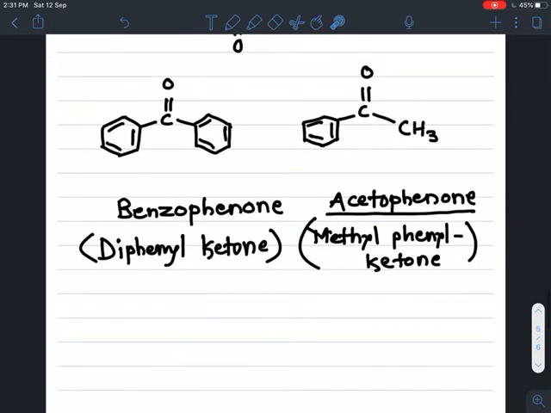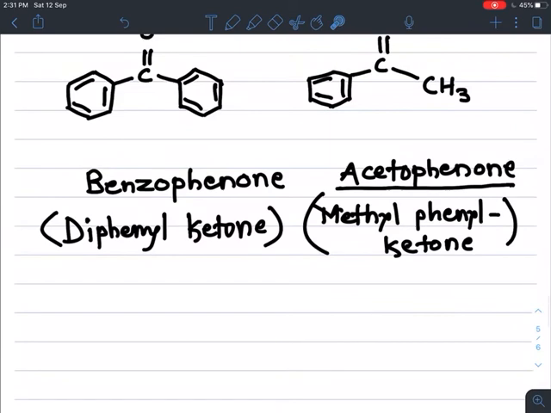One more piece of information about acetophenone is that it has a particular smell, and that smell is pistachio smell.